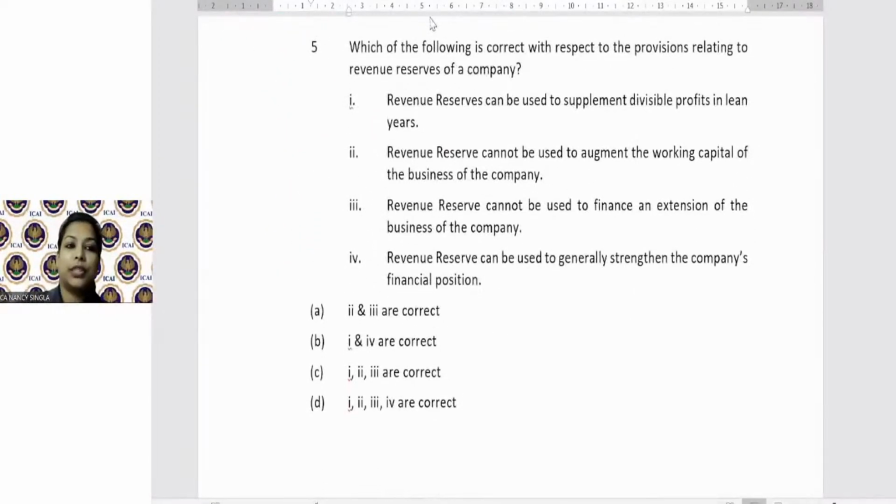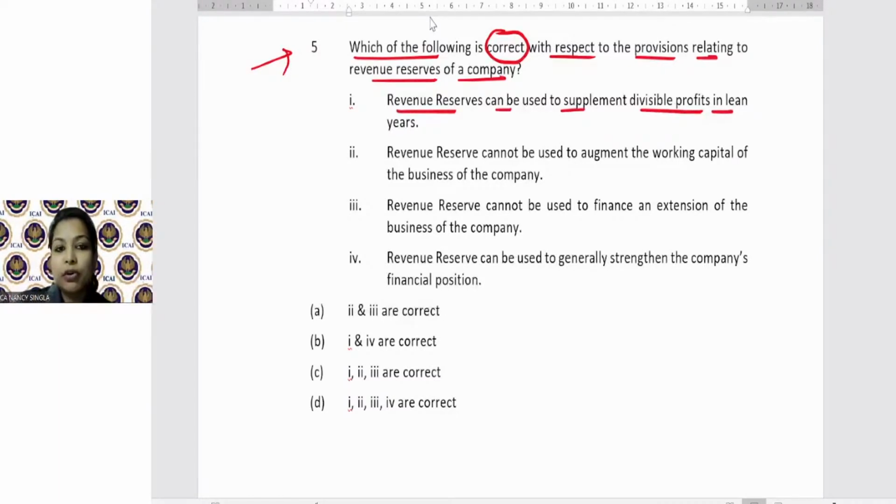let us discuss this question. Fifth one. Which of the following is correct with respect to provisions relating to revenue reserves of a company? Revenue reserves can be used to supplement divisible profits in lean years. Revenue reserve cannot be used to augment the working capital of the business of the company. Revenue reserve cannot be used to finance an extension of the business of the company.